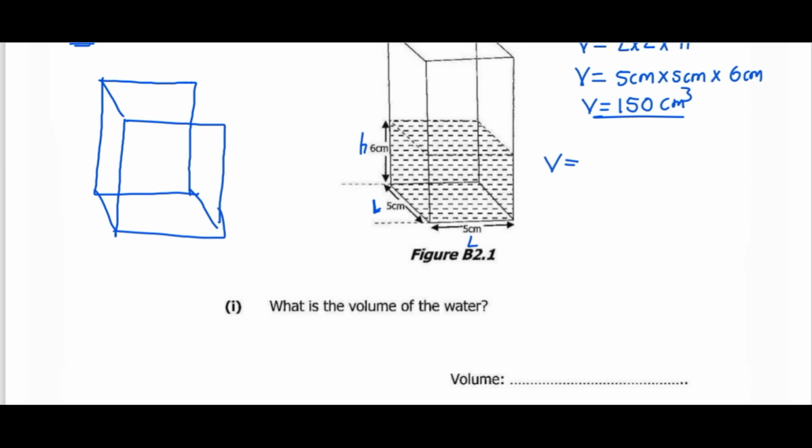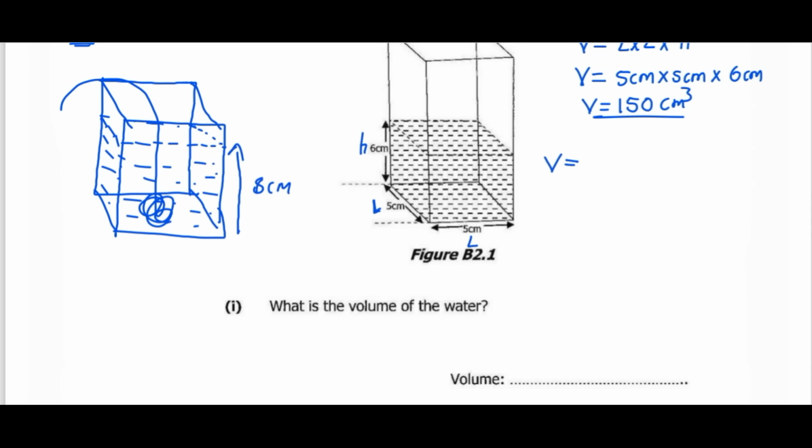After the stone is immersed, we are told that the water rises to a new height. The new height is 8 centimeters. Now the question is, did the base change? No, the base still remains 5 centimeters multiplied by 5 centimeters.